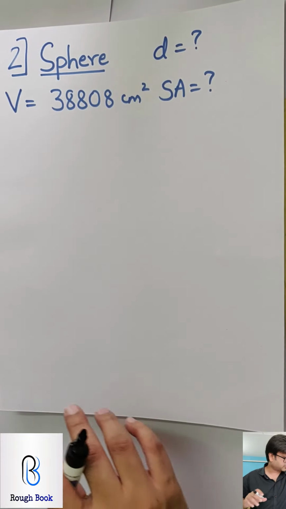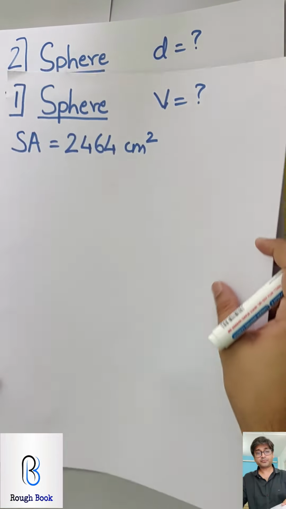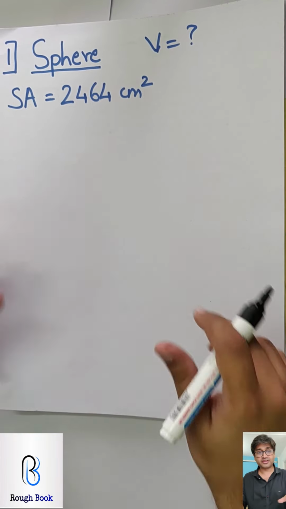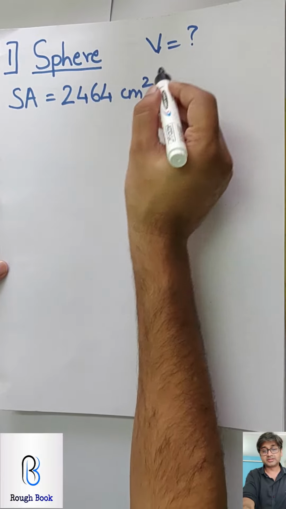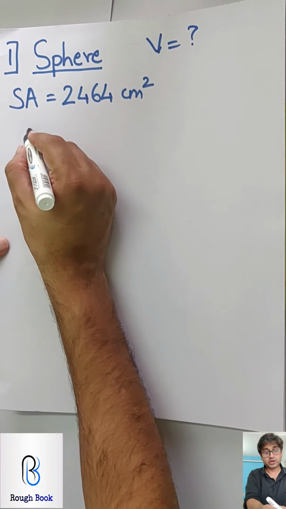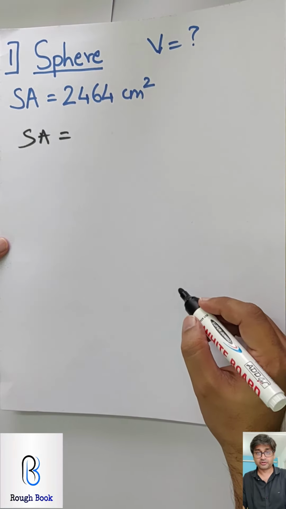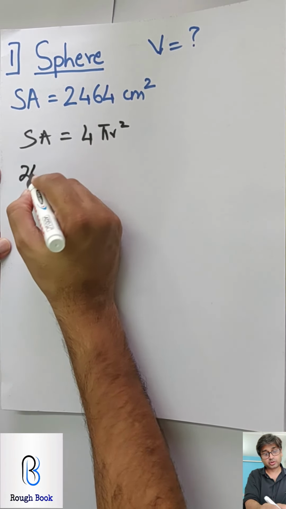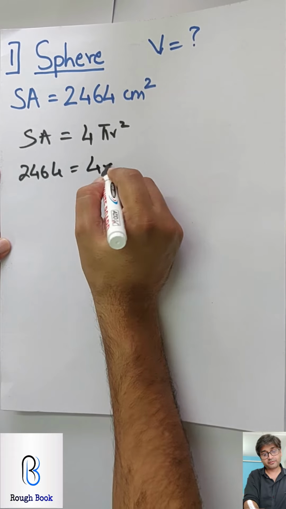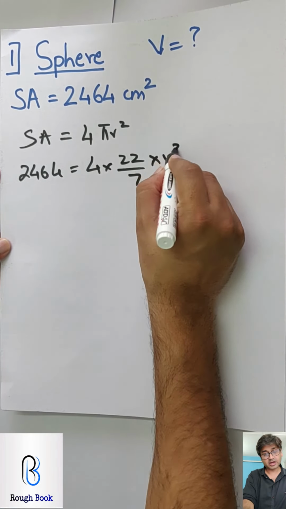So let's begin with sum number 1. Here you go. Always have the habit of writing the name of the shape that you are working on. You've been given the surface area, find the volume. So anyone, surface area for a sphere, formula. That's correct, 4 pi r square. So 2464 equals 4 into pi r square.